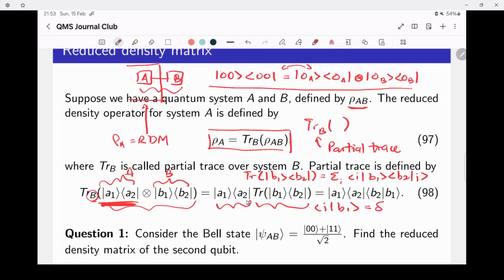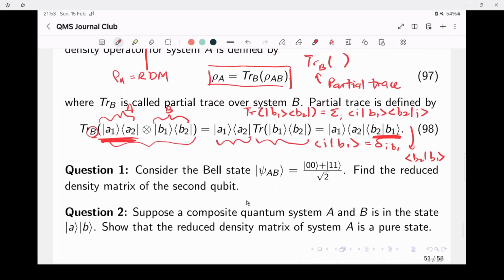This is equivalent to the Kronecker delta of i and B1. So only when i equals B1, then your inner product becomes 1. So in this case, this particular trace boils down to B2, B1. Which is why in the end, you see over here, you have the inner product of B2, B1. So that's how you would perform the partial trace.